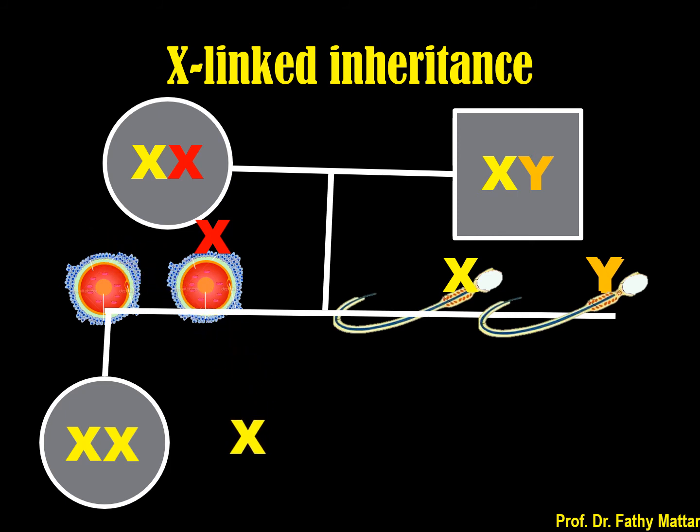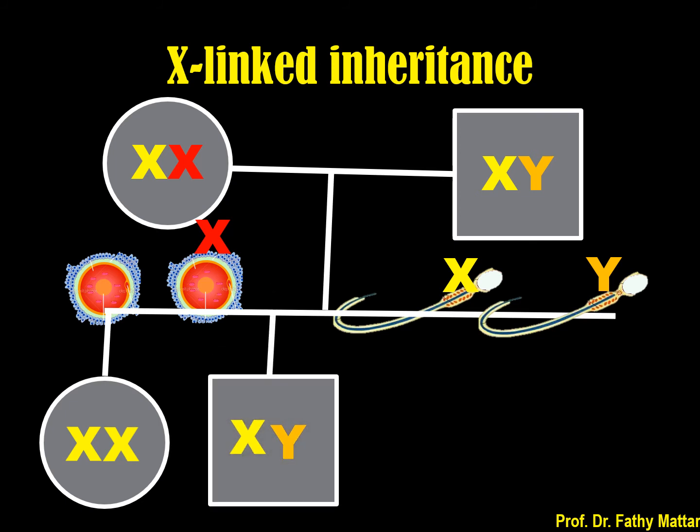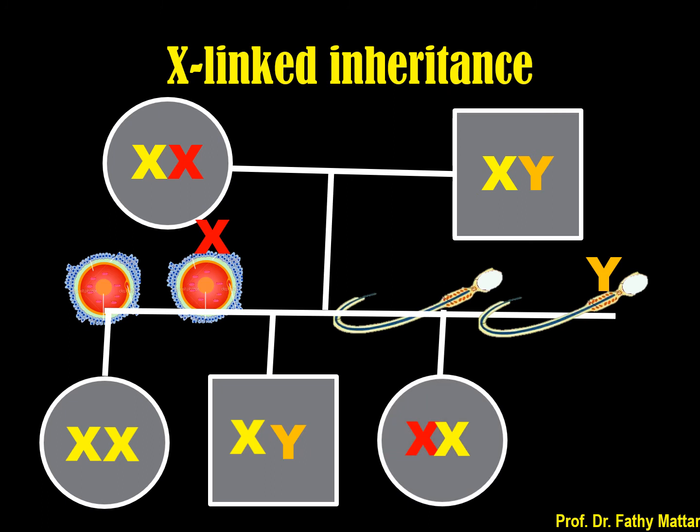But if the yellow allele of the female is with the Y of the male, this will be a Y who carries the yellow allele. If the yellow X allele is with the red X allele, this is a heterozygous female who has both alleles.